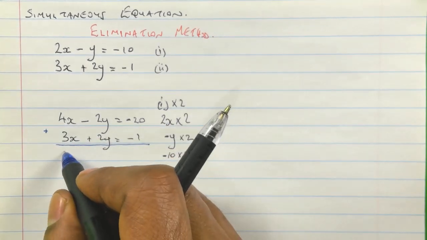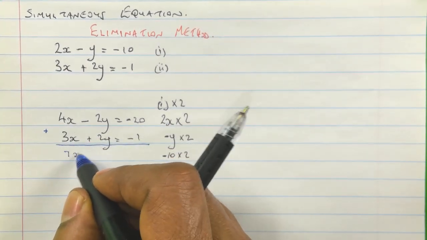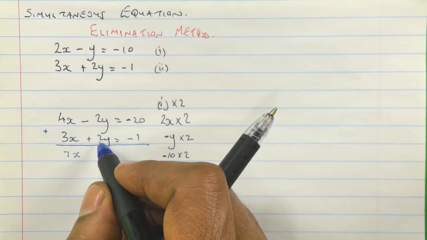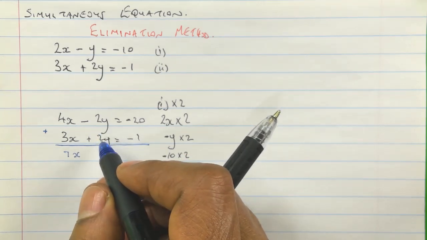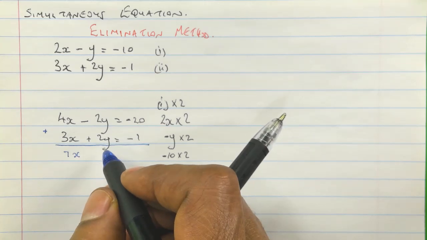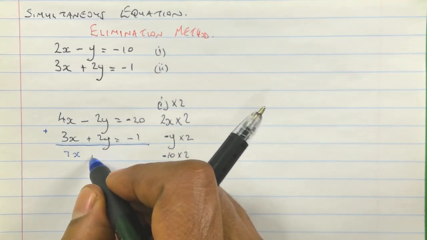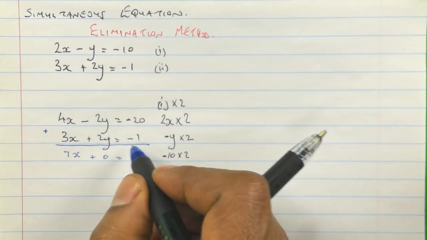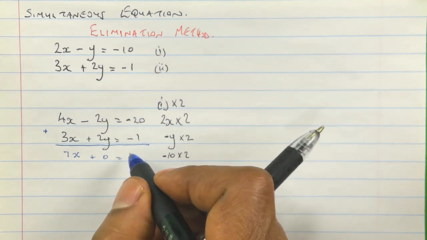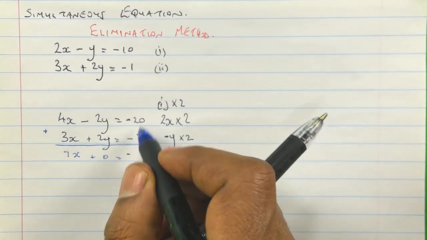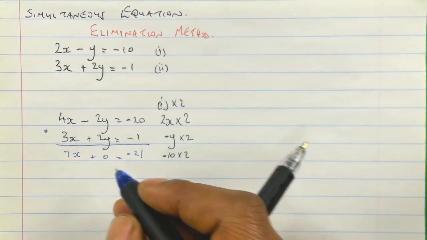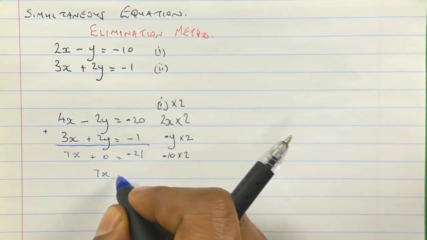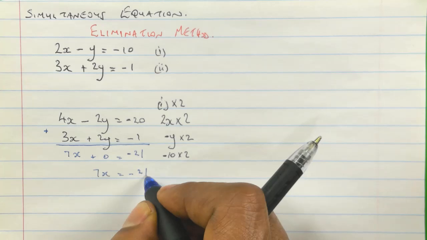So this one will become 7x, then a negative term plus its opposite. Additive inverses, what do they give us? They give us a 0. Then these two, same sign. I'm adding them. What are the numbers? 21. So what do I have now? I have 7x is equal to negative 21.